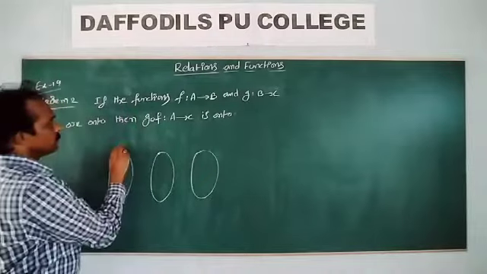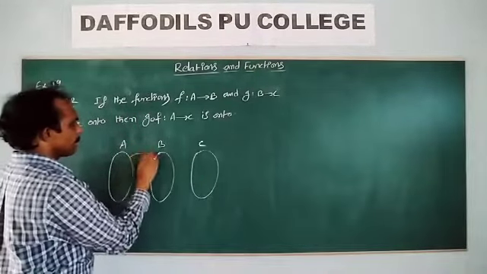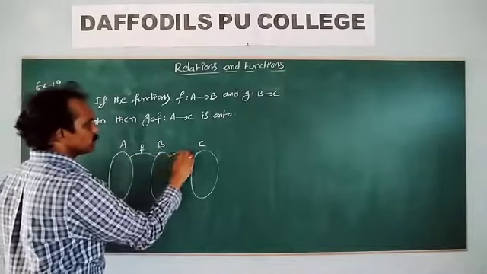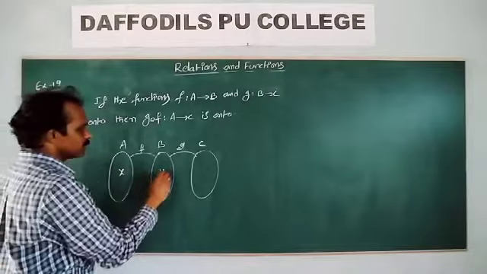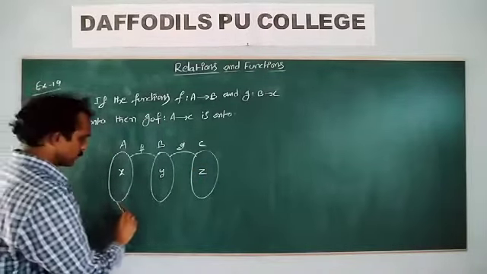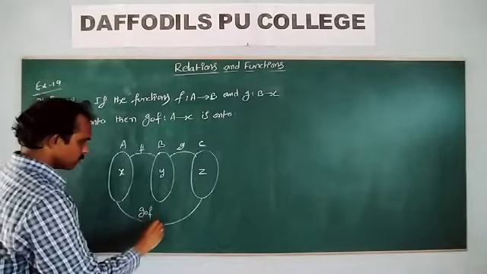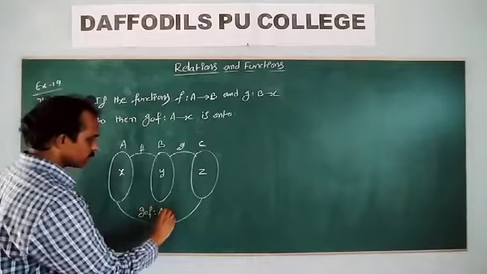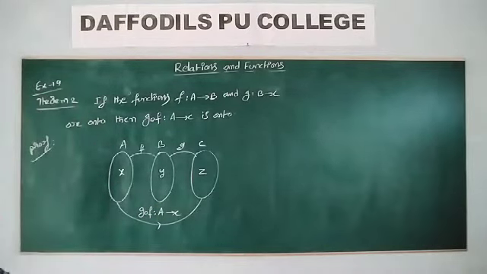Okay, this is A, B, C, under f and under g. Let us take elements x, y, z. This is g circle f maps A to C. What is the onto function definition?